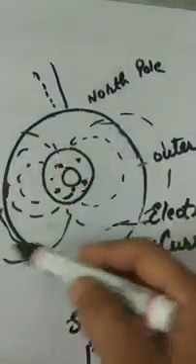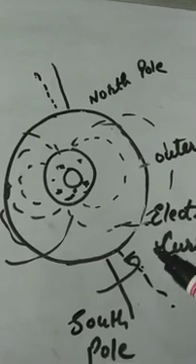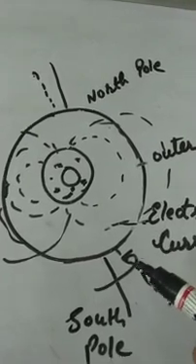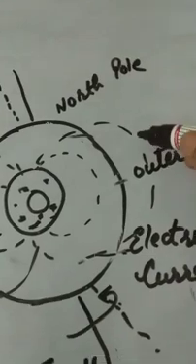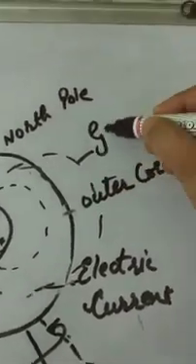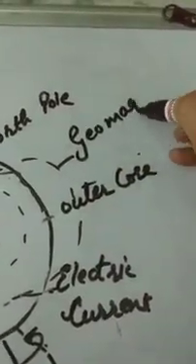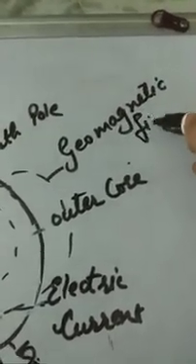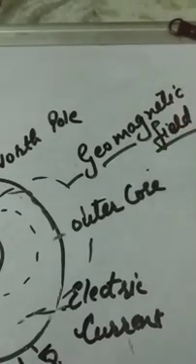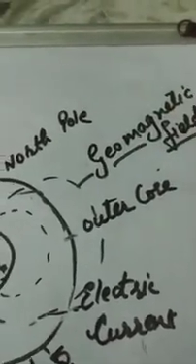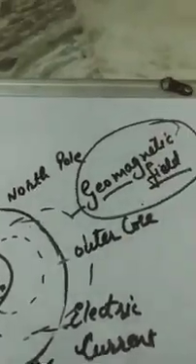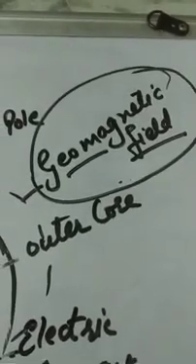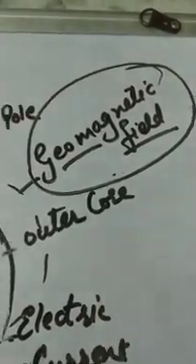Earth's magnetic field is also called the geomagnetic field. What do we call it? Geomagnetic field. It extends several thousands of kilometers into space.